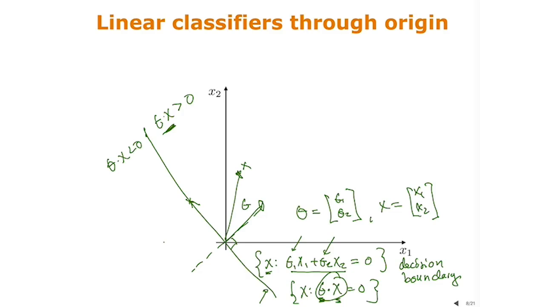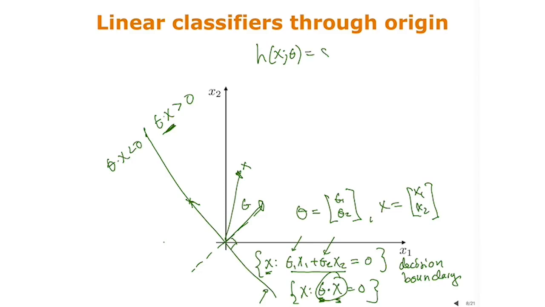This now allows us to define the set of linear classifiers through origin. Okay, so let's make that a little bit more precise. We have a classifier now parameterized by the vector theta. So each choice of theta defines one classifier. You change theta, you get a different classifier. It's oriented differently, but it also goes through origin.